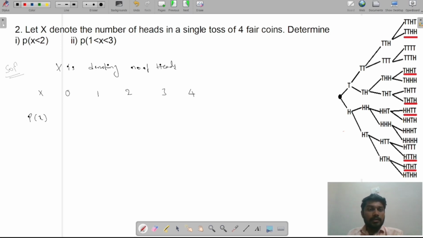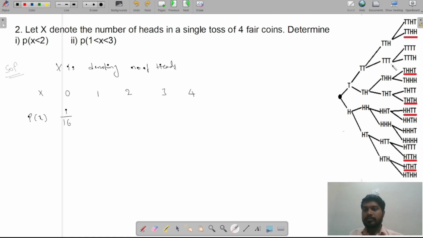0 means there is no head, right? Out of 16 times, how many times am I not getting a head? Only once. So can I say the probability is 1 out of 16? Yes. Now, getting one head, how many times am I getting one head?